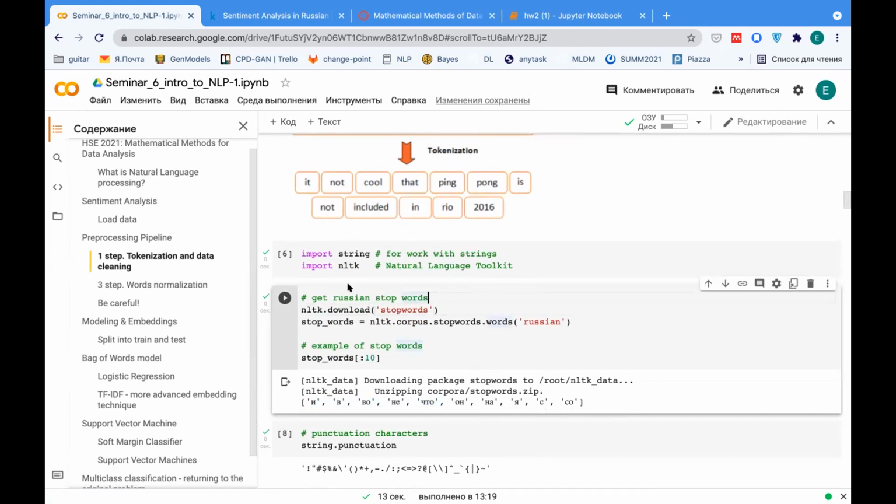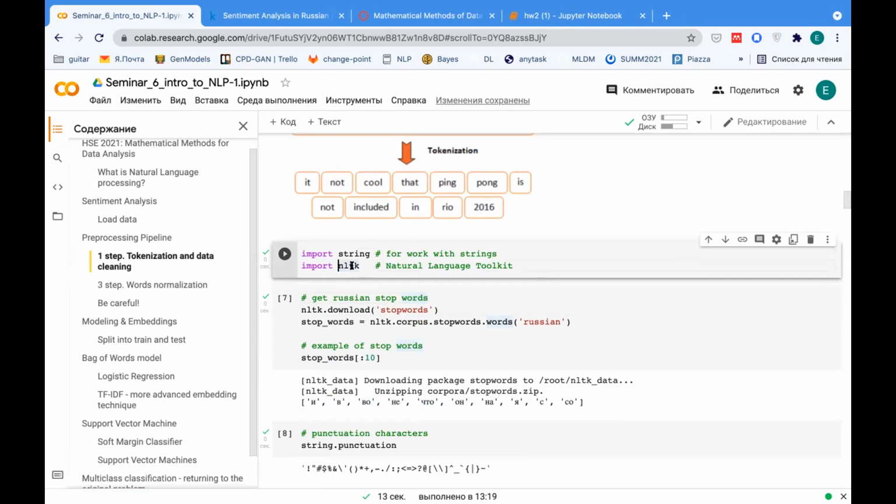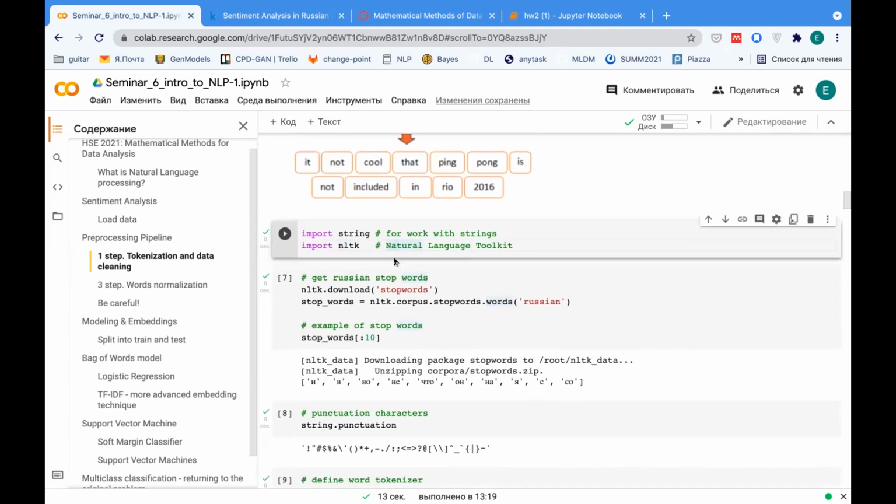So we use a popular library named NLTK, the Natural Language Toolkit. It's very popular, but we should remember that this library is suitable for a lot of languages, also for Russian. But of course, as it's a multi-language library, it may not be the best for a particular language.